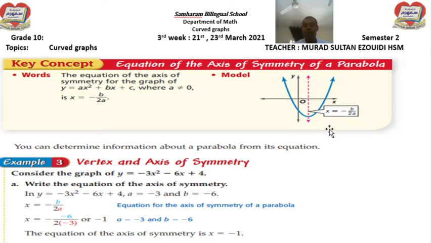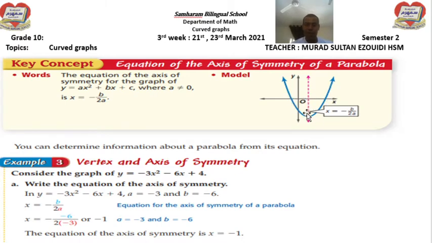If you can't use the method of completing the square to find the axis of symmetry and the turning point, it's better to substitute the values of b and a in the axis of symmetry formula, to find the axis of symmetry that divides the parabola into two symmetrical halves.